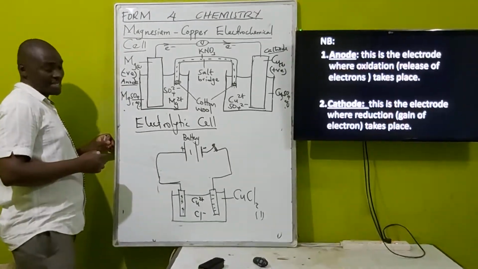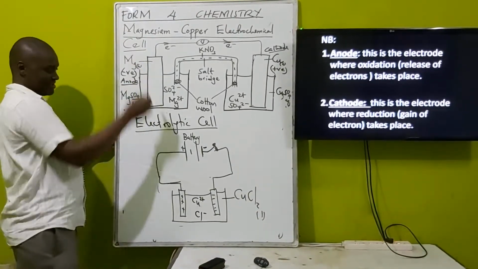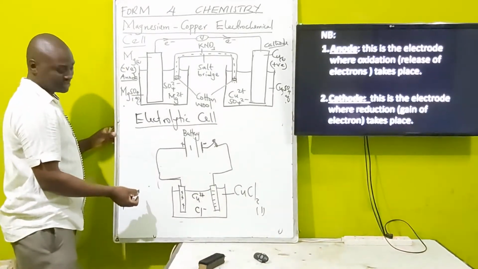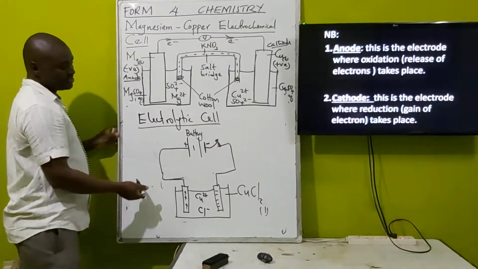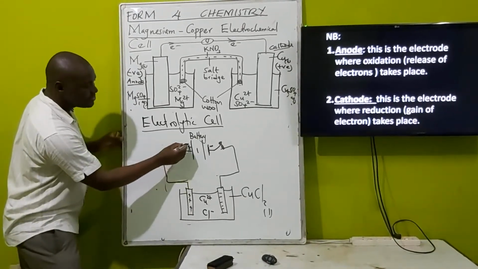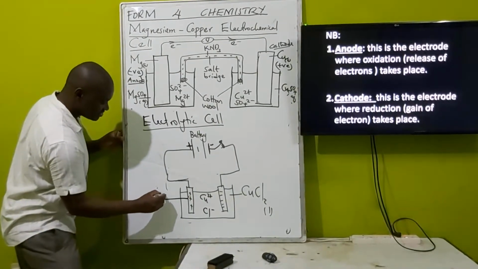So if you compare the two cells, the electrochemical cell and the electrolytic cell, the setup for electrolysis which you learned in Form 2, you'll realize that here the anode, the one which is connected to the positive, is the anode.